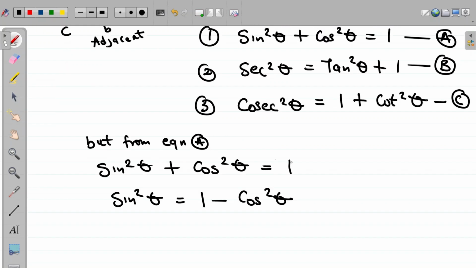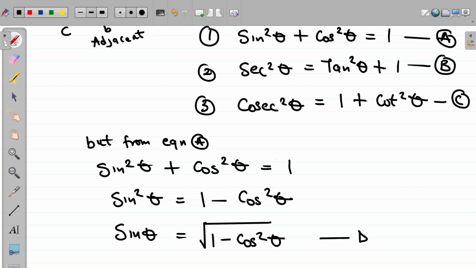Now, to obtain sin theta, we take the root of both sides. So our equation becomes sine theta is equal to root of 1 minus cos squared theta. Let me call here equation D.